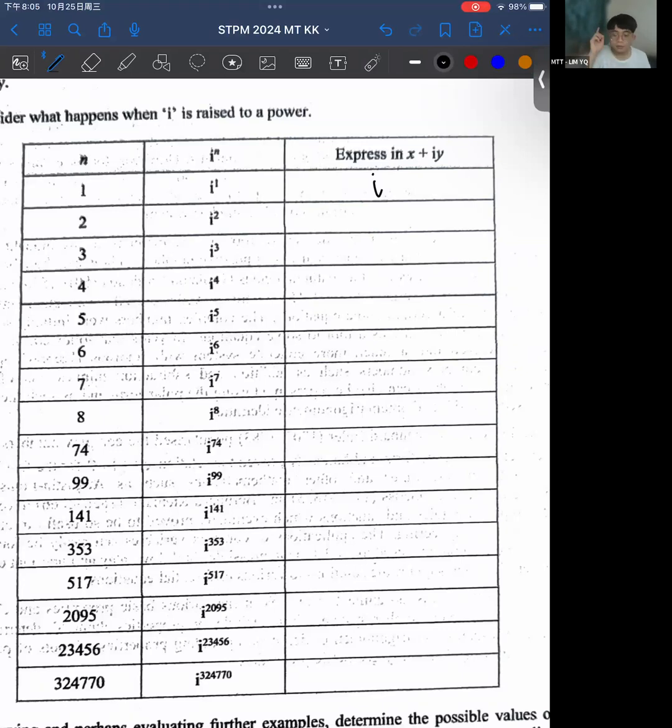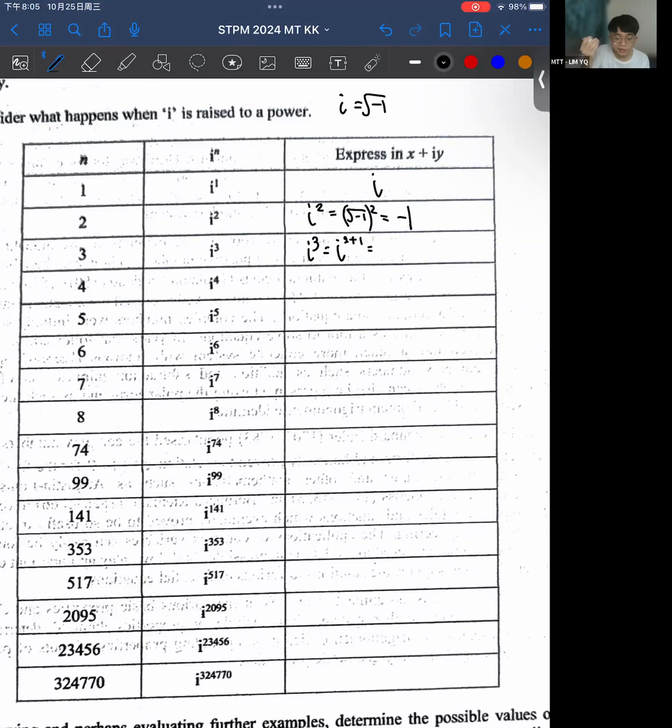The second one, what is i square? You know i is the square root of -1, so i square is the square root of -1 squared, so you get back -1. You all should already know this. i power 3, i cube, you can think of as i to the 2 plus 1.